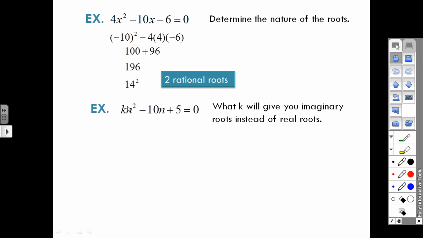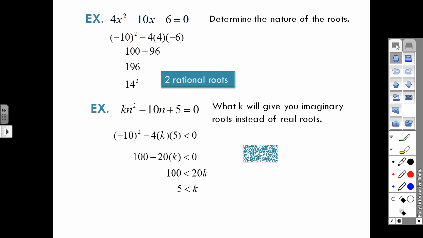So we go ahead and plug in the a and the b and the c into our discriminant, but because we want imaginary roots, we're going to set it less than 0. So we plug all this in, and we just go ahead and solve it. So we end up getting that k is going to be greater than 5. So all values of k that are greater than 5 will end up giving us imaginary roots or complex roots.